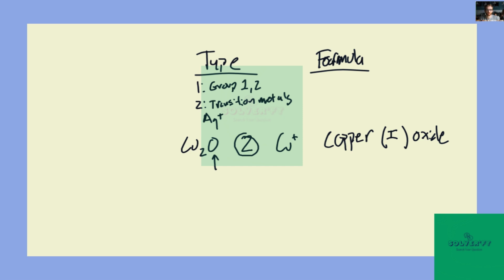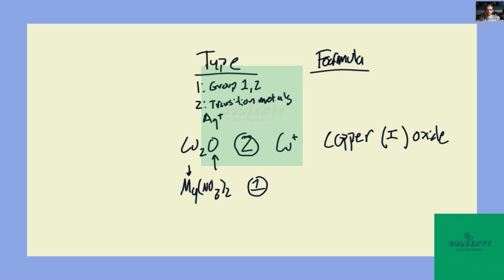Okay, next one, we've got magnesium nitrate. Magnesium, that's a group 2 metal, right? So that means it's a type 1. I know it's a little confusing, but group 1 or group 2 is type 1. Anything else, unless it's something like silver, is going to be a type 2.